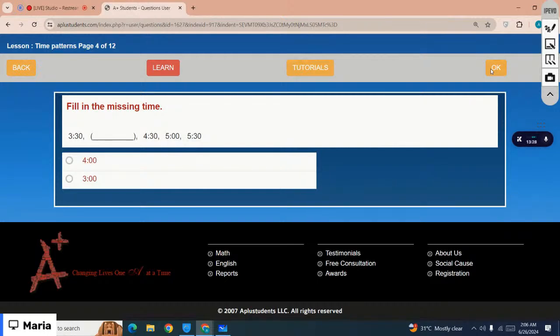Fill in the missing time. 3:30, missing one, 4:30, 5, 5:30. Which one is missing?